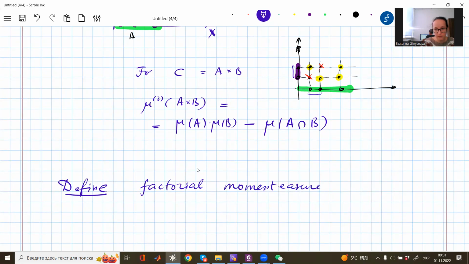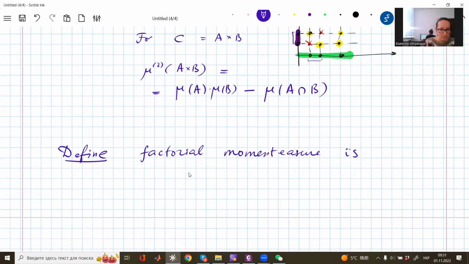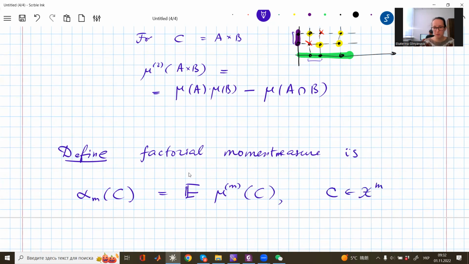It is just the expectation of factorial moment. So I just write for notation alpha m of subset C is the expectation of factorial measure of C, where C is from m's product of the space.